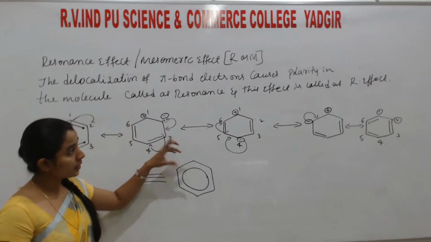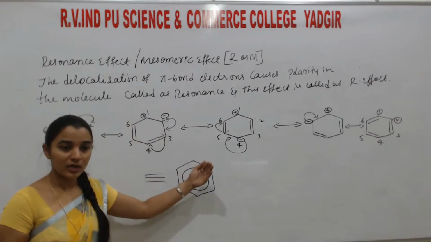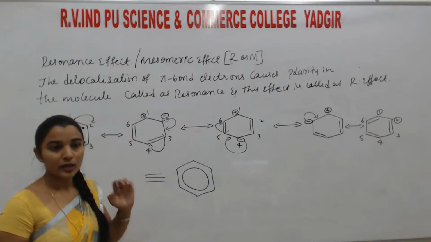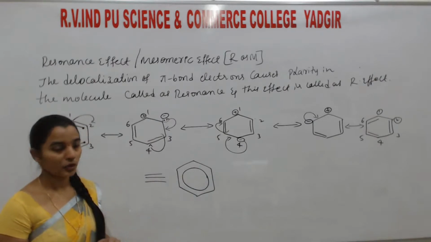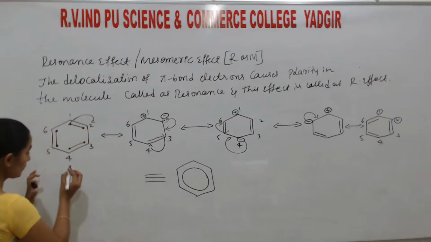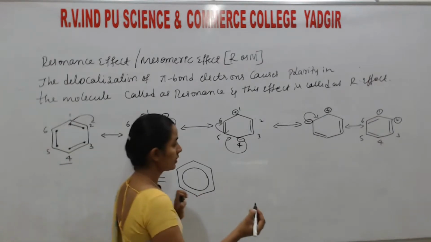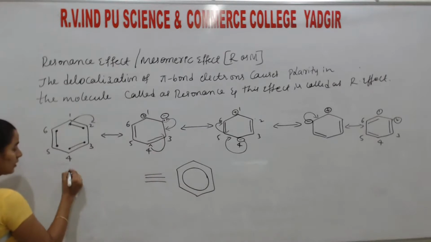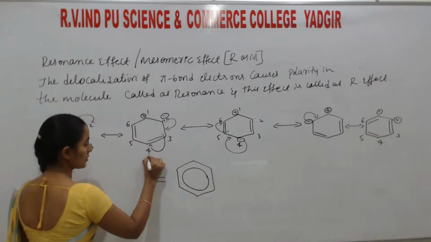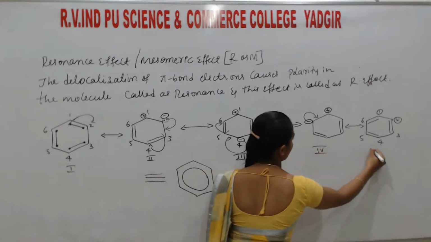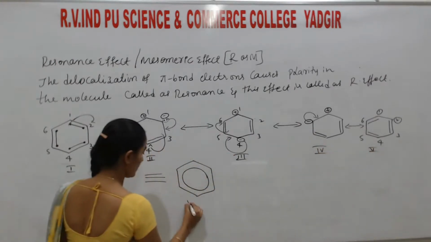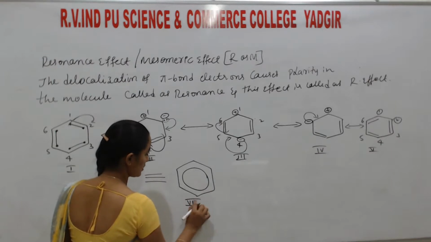Okay, so there are two effects: one is plus R effect, another one is minus R effect. I will explain the plus R and minus R effects in tomorrow's class. You just remember, listen. I'll take this one as structure 1, structure 2, structure 3, structure 4, this one is 5, and this one is 6.